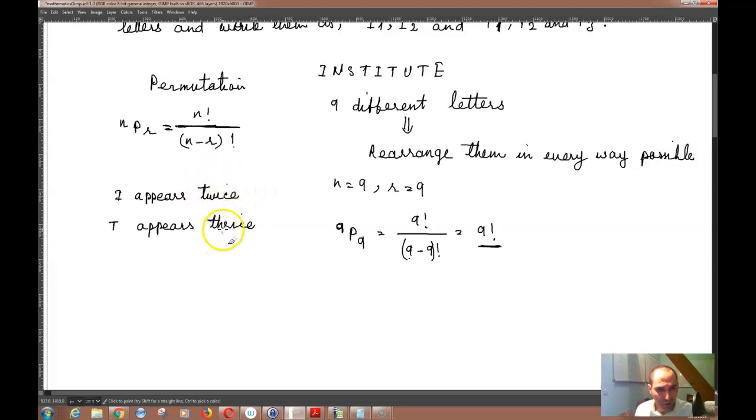So this is 2 times and this is 3 times. That means that the different permutations of I have to be taken out.